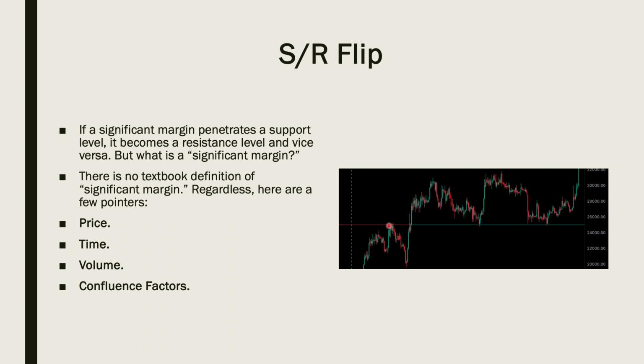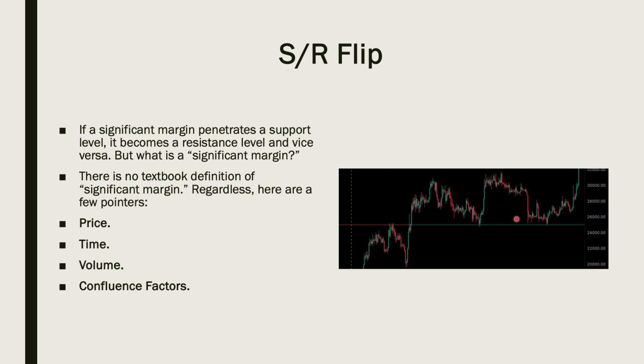You can see that the 25K level was resistance. Price dipped after reaching this level. Then it was resistance. It flipped here to support, and support the third time.